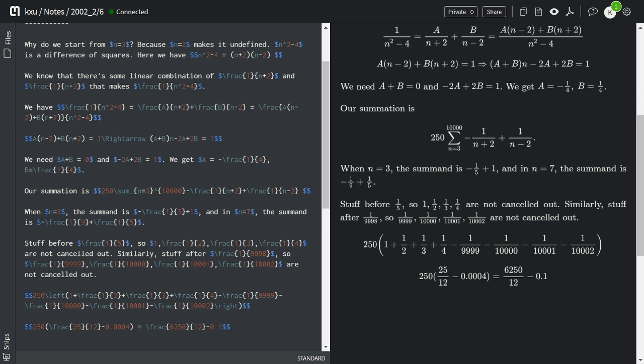Yeah, it is 0.1, approximately. And we can simplify this, so this is 520.8 something, 833 I think, minus 0.1, which is like 520.7 ish, and this gives you an answer of 521.